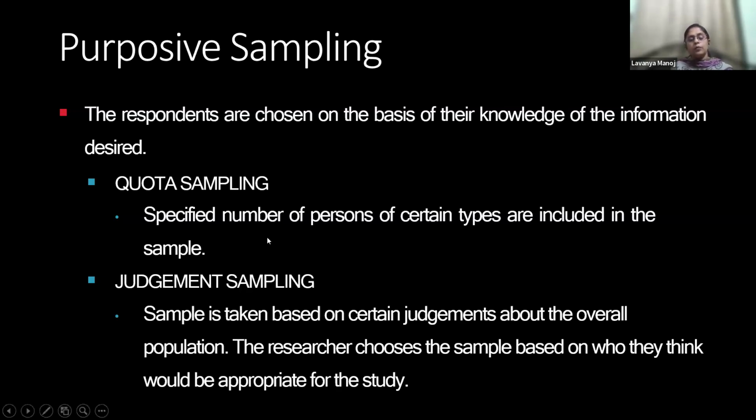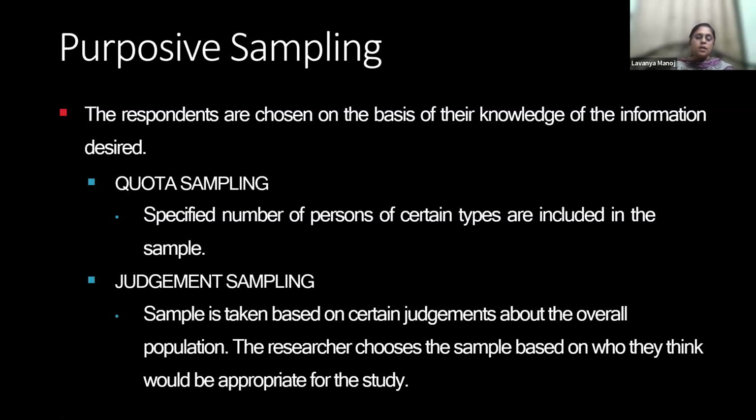So where you are selecting that particular kind of sample, you can go for quota sampling. For example, you can refer to movie reviewers who review only sci-fi movies, or only horror movies, or action or romantic movies.